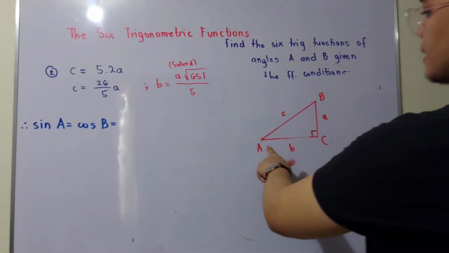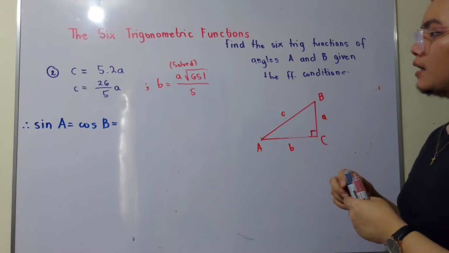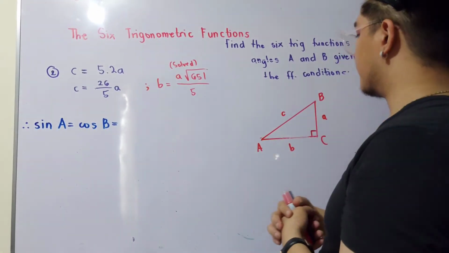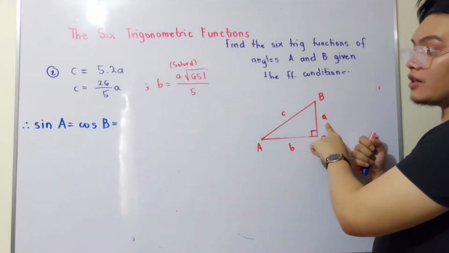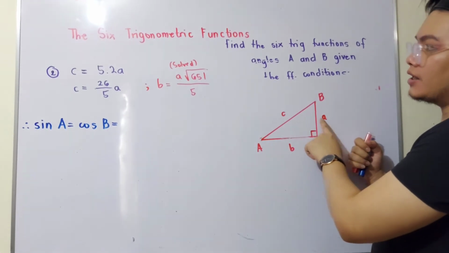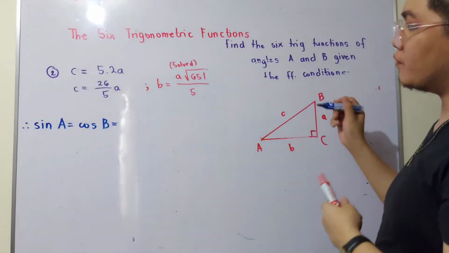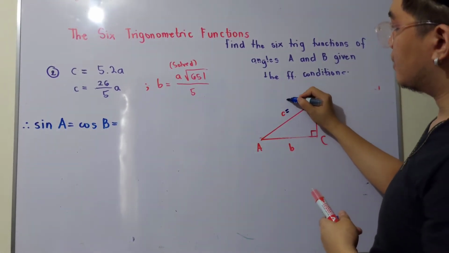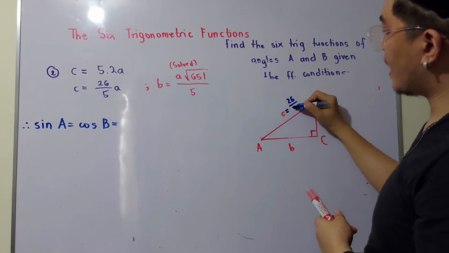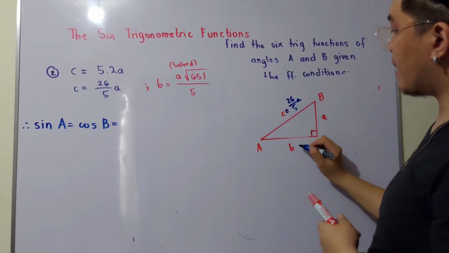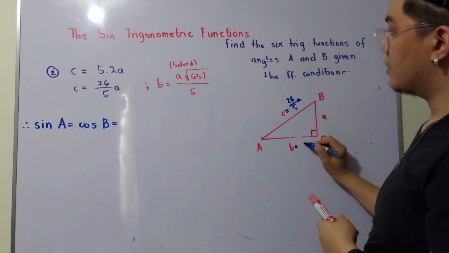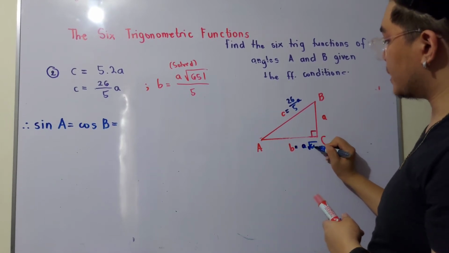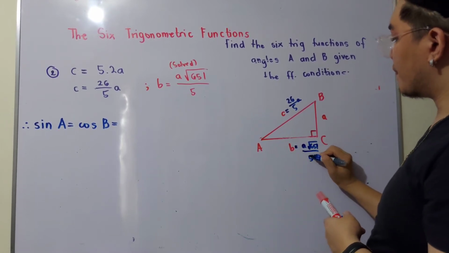Sine A, that's A over C. So, for the sine A, wala pa tayong value ng A, no? So, A pa lang yan. So, yung C, meron tayong value which is 26 over 5A. Tapos, yung B naman ay square root of 651 A over 5.